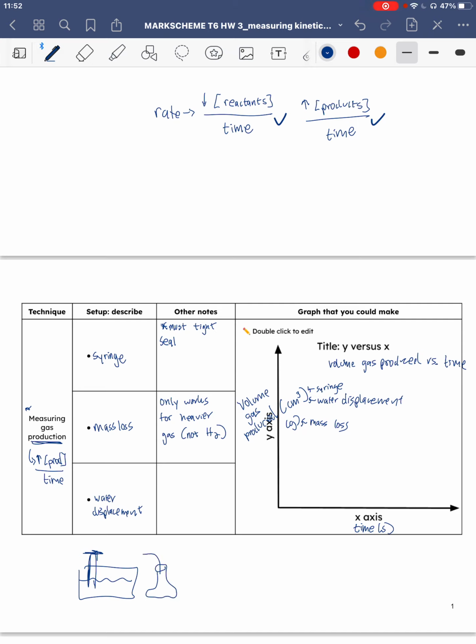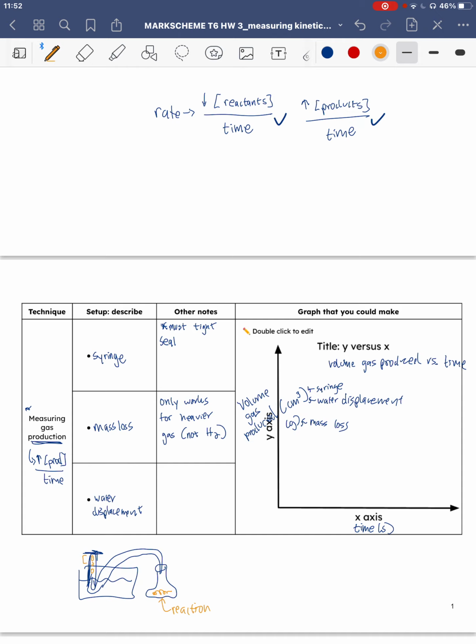You attach tubing from your Erlenmeyer flask into the water and then into the tube. And so the thing that happens is you're forming gas here, and it's going to displace the water that was filled in the tube. Of course, your reaction is happening in here.